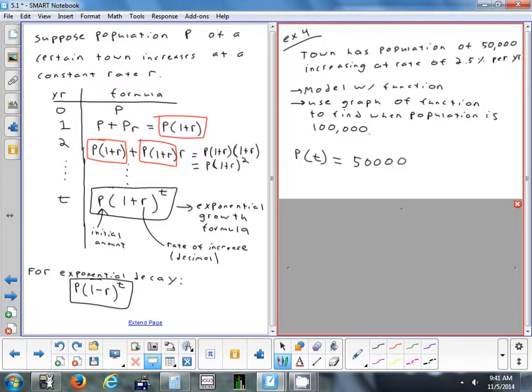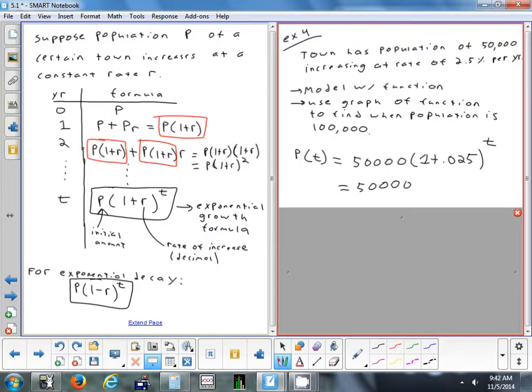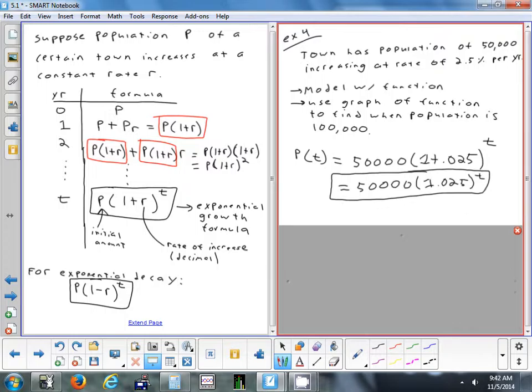Multiply that by 1 plus R. What's 2.5% as a decimal? 0.025. The only thing we could do here is write it as 50,000 times 1.025 to the t. There's our model for the population.